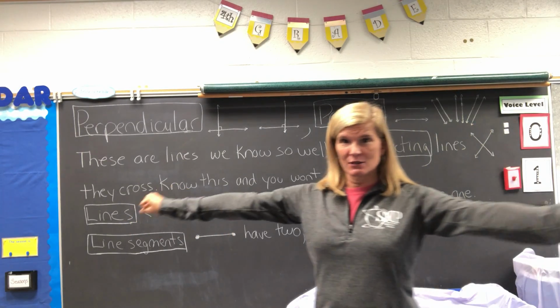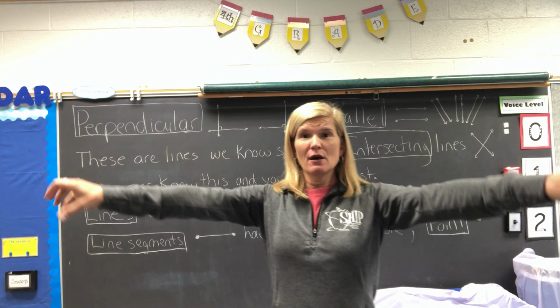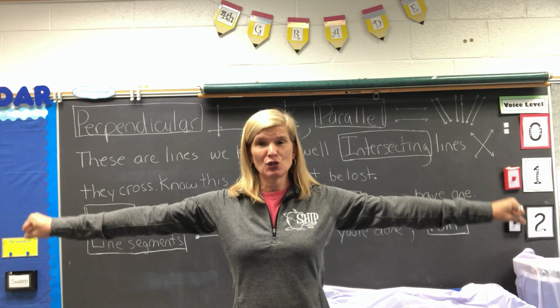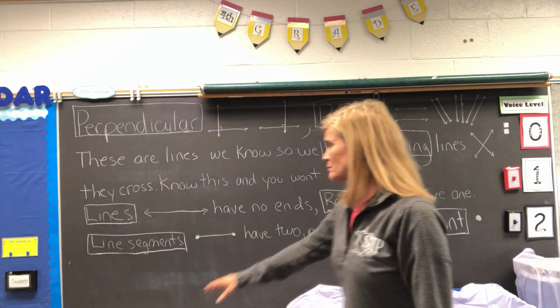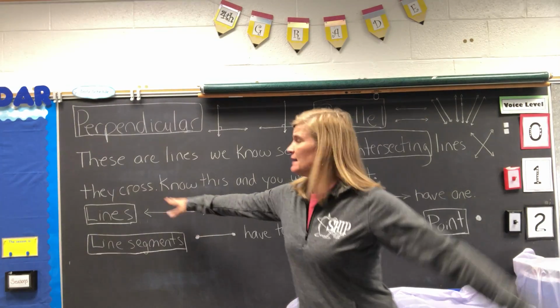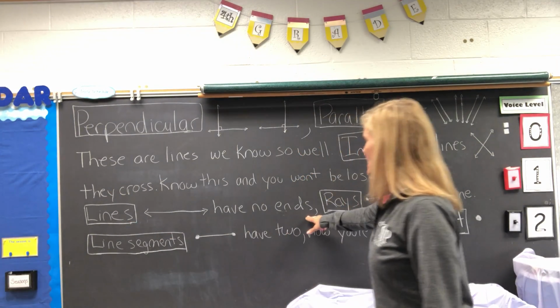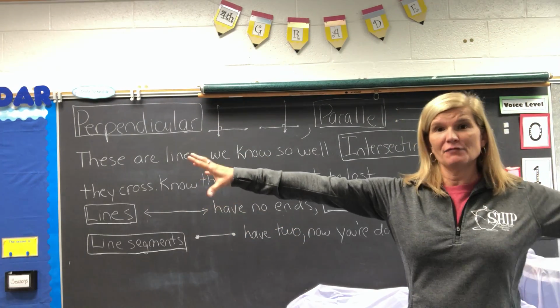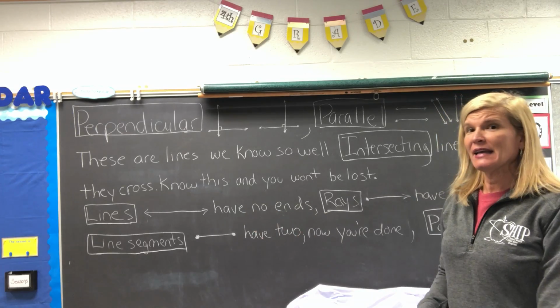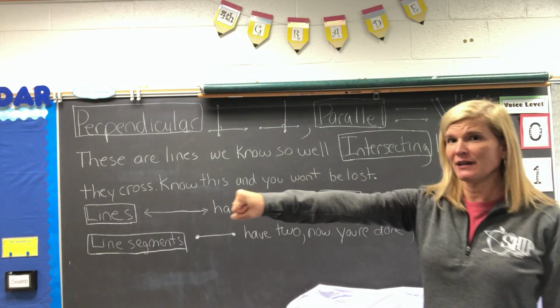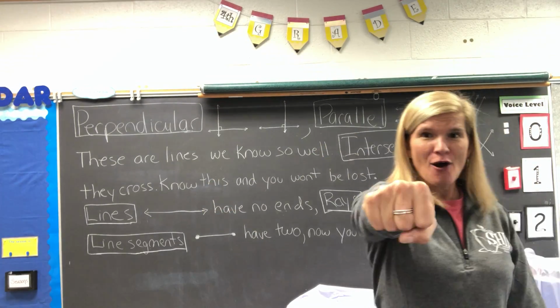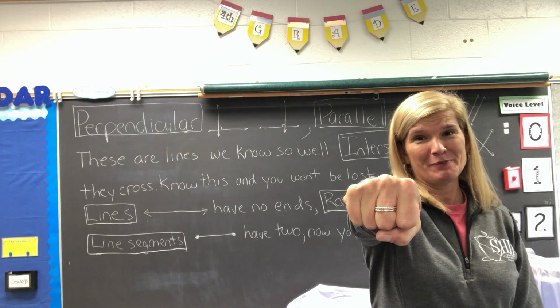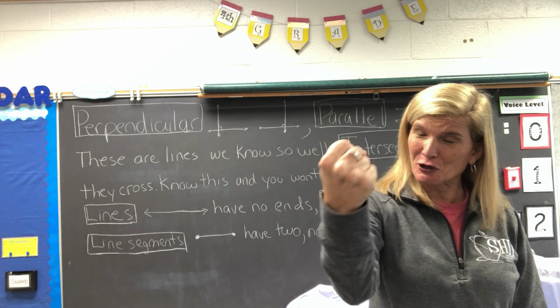Line segments, so both of your fists will be closed. Line segments have two, now you're done. So as you can see, lines have no ends, rays have one, line segments have two, now you're done. And then you stomp your foot and you press your hand out and you say point, because there's your point, your one circular fist.